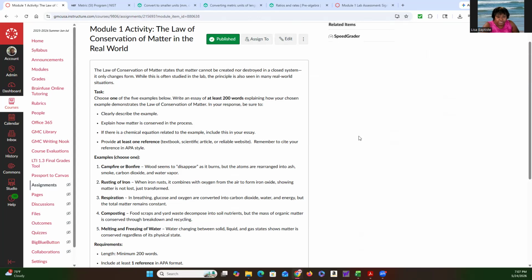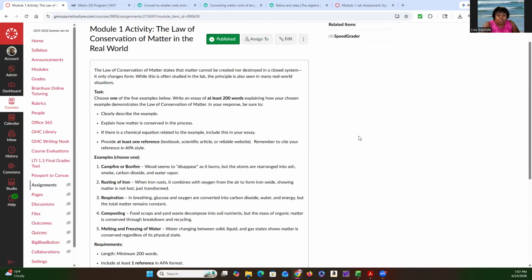While this is often studied in the lab, the principle is also seen in many real world situations. So you're going to choose one of the five examples below, and you're going to write an essay of at least 200 words explaining how your chosen example demonstrates the law of conservation of matter. In your response, be sure to clearly describe the example, explain how matter is conserved in the process, and if there is a chemical equation related to the example, include it in your essay.